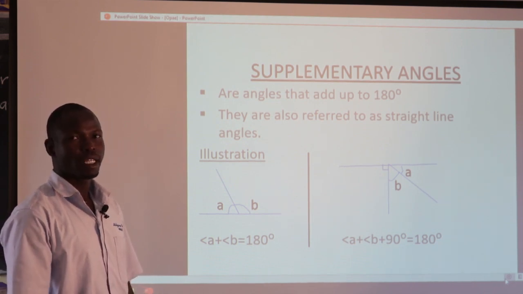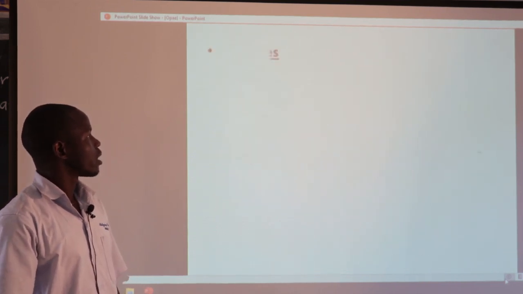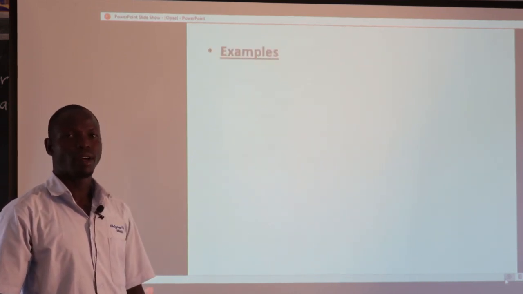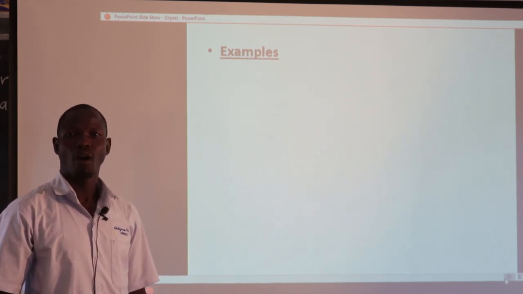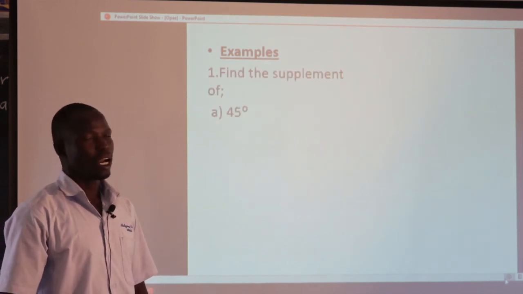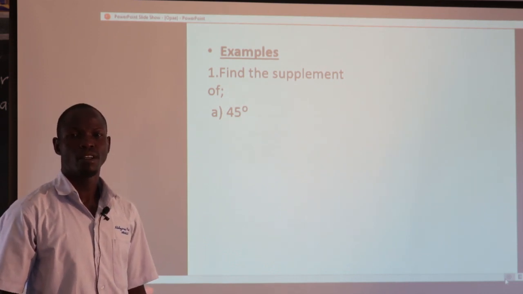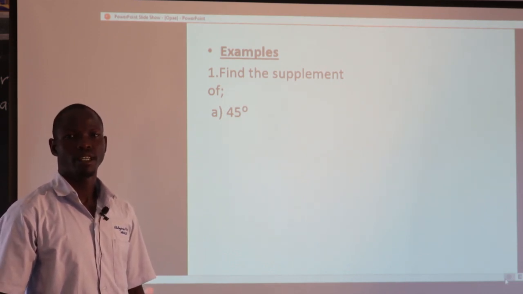Now we move to the next part of our lesson. We are going to look at examples, and in these examples we are going to see how we can find supplements of angles. Question number one: find the supplement of 45 degrees.